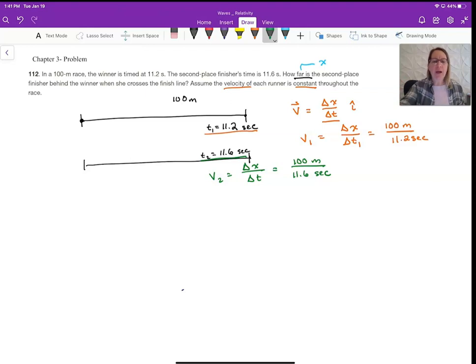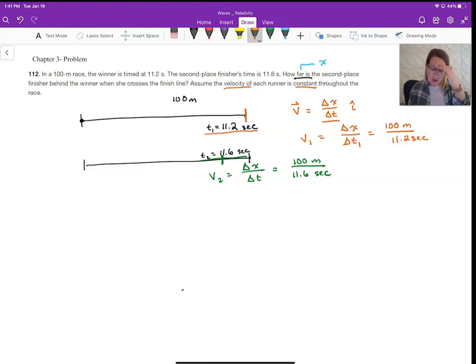What the problem asked us for was to find how far the second runner was behind the first runner. Say the second runner ended up here when the first runner crossed the finish line, right? So we want this distance.